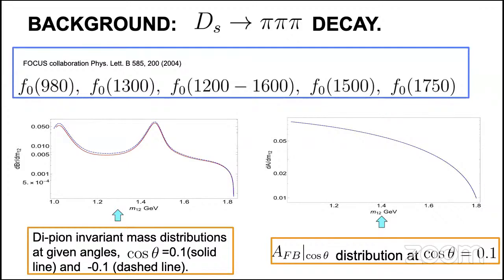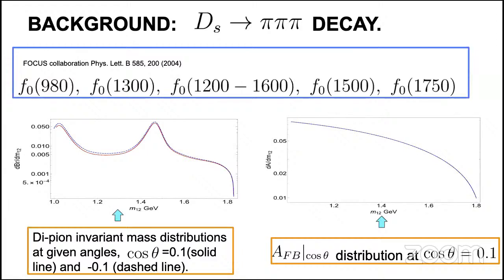This decay was studied by the FOCUS collaboration, and they analyzed it with five resonances. As in the other plot, we have the distribution in the dipion invariant mass, taking cos theta equals 0.1, and in this case we also take cos theta equal minus 0.1.